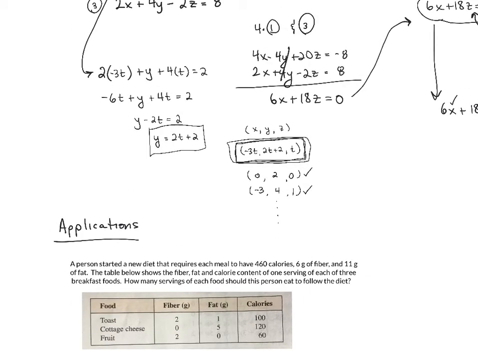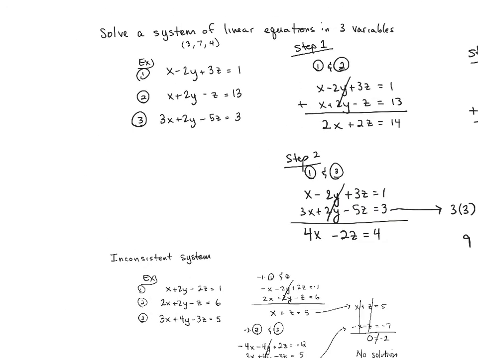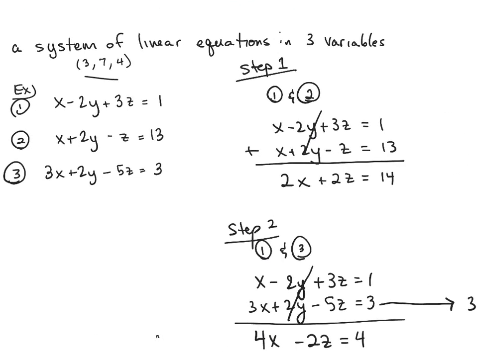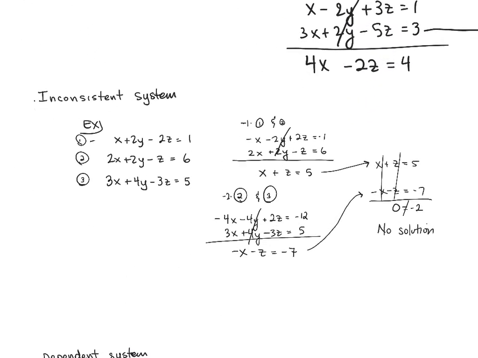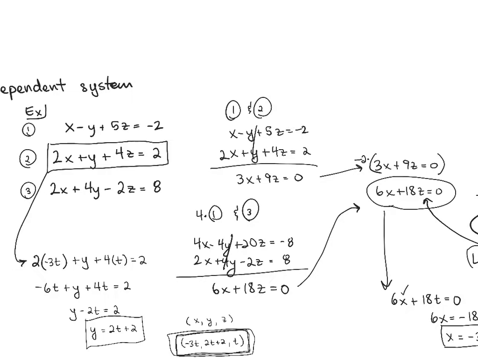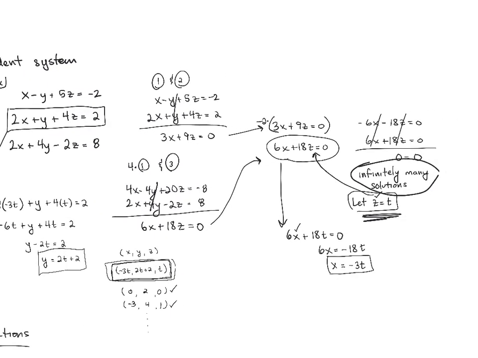So that finishes up learning target 1, solving a system of equations in 3 variables. We had the 3 situations with a unique solution here, and the unique solution was 3 comma 7 comma 4. We had an example with an inconsistent system, no solution, because we had an untrue statement of 0 equals negative 2. And then we had a dependent system that ended up having a statement of 0 equals 0, which means infinitely many solutions.